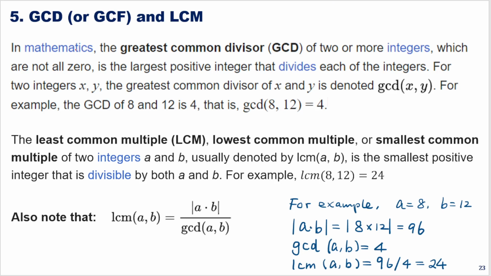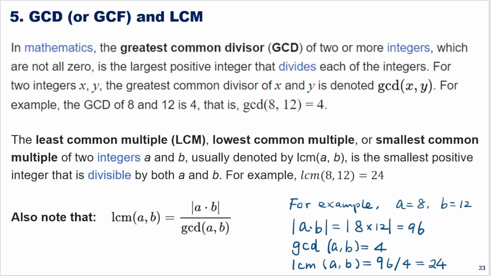In mathematics, the greatest common divisor is called the GCD. That is, the GCD of two or more integers which are not all 0 is the largest positive integer that divides each of the integers.